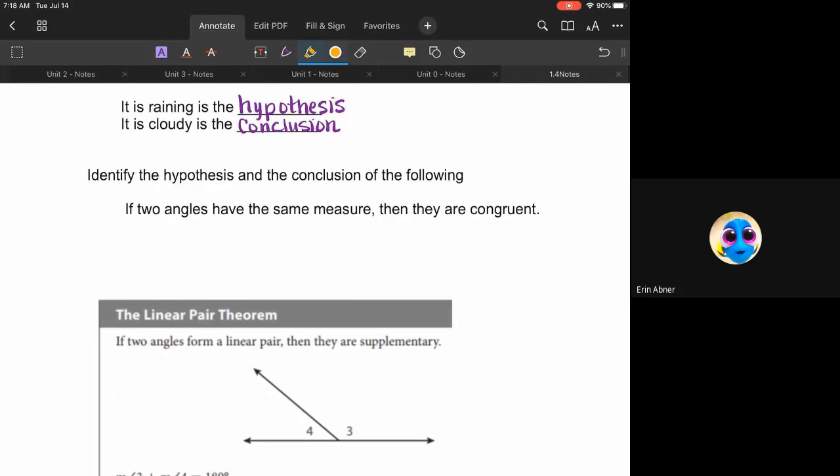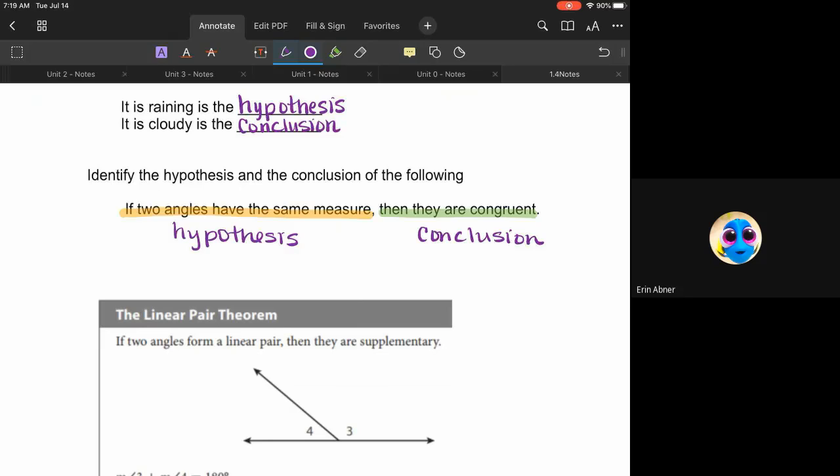So the if part, if. Then the conclusion is going to be the then. So I'm going to go, this is my hypothesis. And this is my conclusion. Okay.